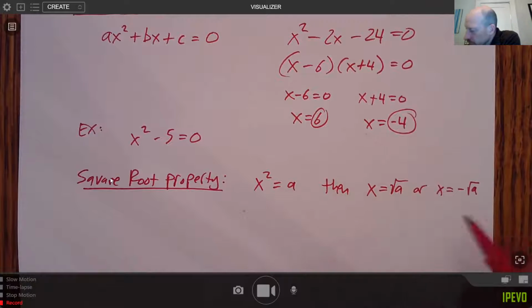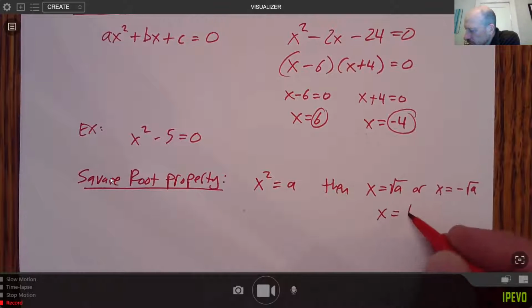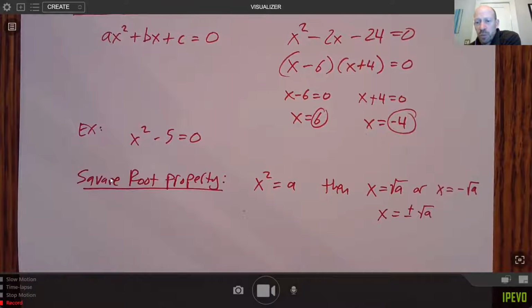We're often kind of lazy, including myself, so we will write plus minus the square root of a. But when you put the answers into MyMathLab, you're going to have to write them out separately. There's no plus minus there, so you have to write the positive and the negative.